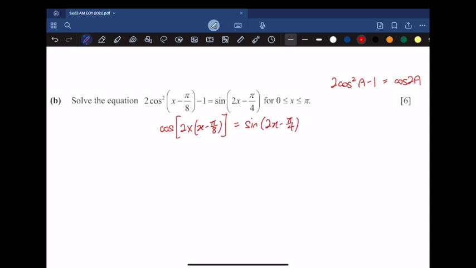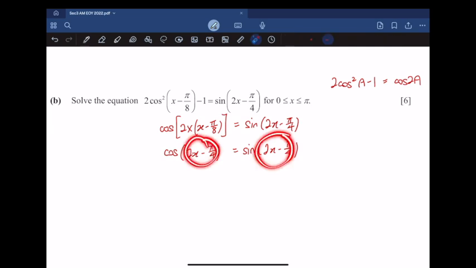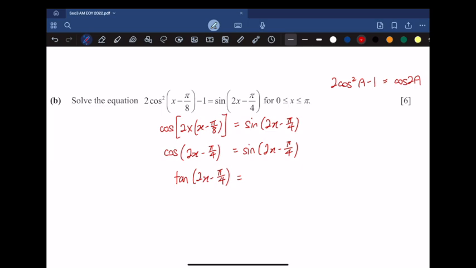So therefore, cosine of 2x minus pi over 4 equals sine of 2x minus pi over 4. By observation, you can see that I have a sine and cosine, and the angles are now the same. I can divide both sides by cosine in order to get a tangent. So therefore, tangent of 2x minus pi over 4 is equal to 1.